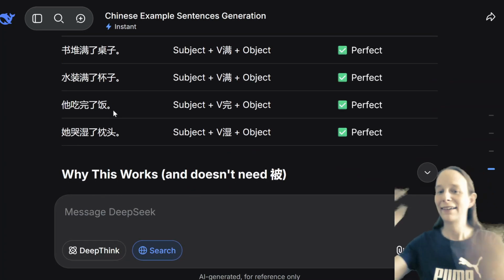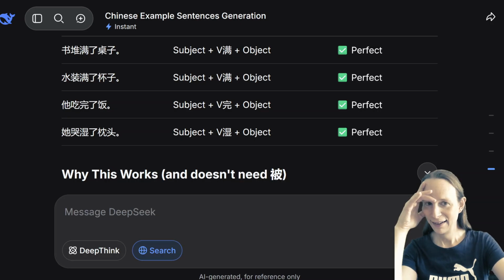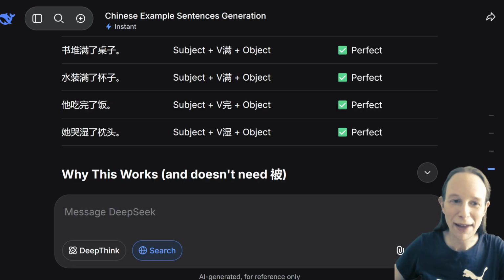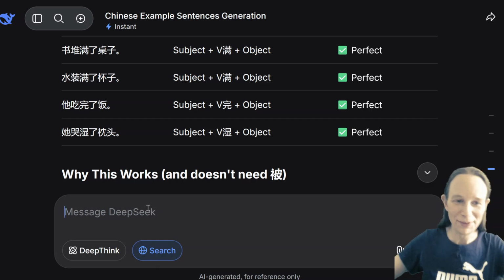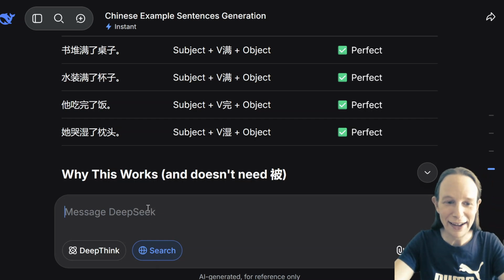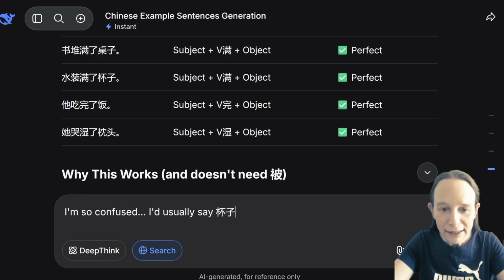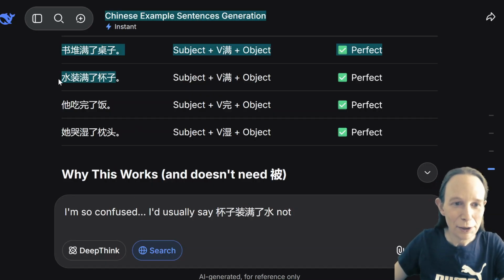Wow. This is really confusing because usually I would say 杯子装满了水, not 水装满了杯子. Oh, I'm so confused. 吃完了饭. I'm so confused. I'd usually say 杯子装满了水, not this one. 水装满了杯子.